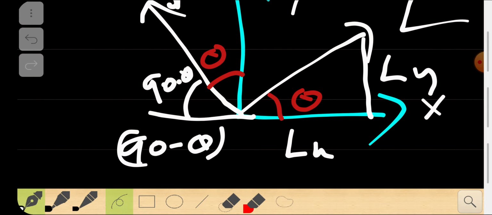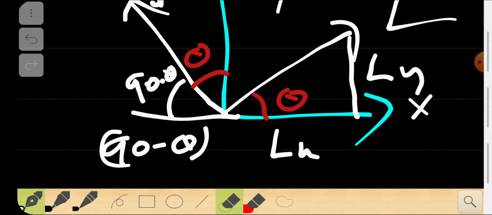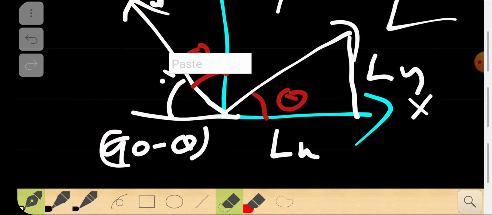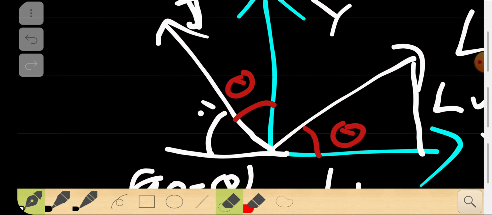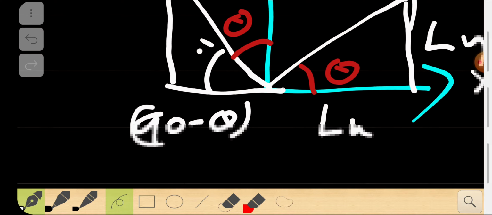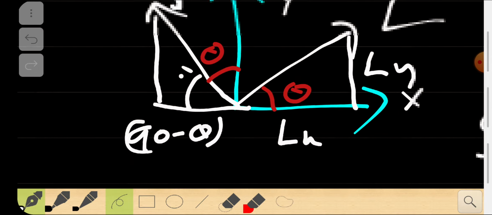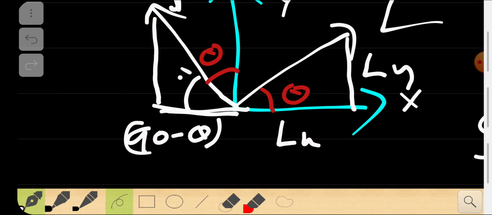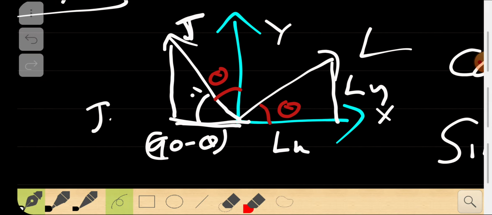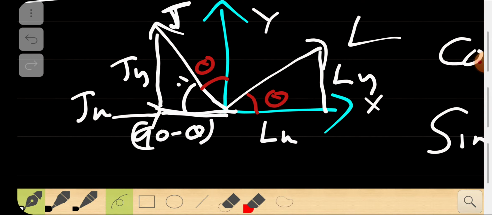So if you draw an intercept like that, this length will be jx, and this will be jy, right? And this angle is 90 minus theta.